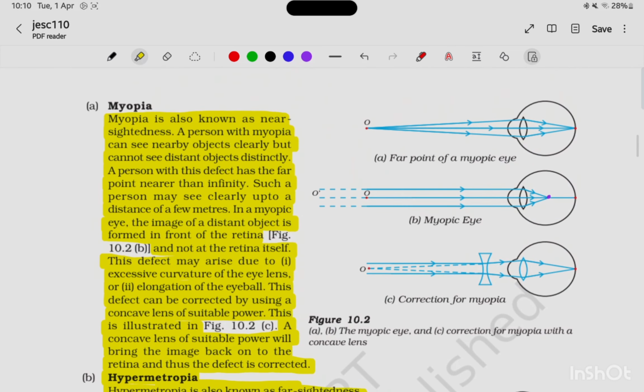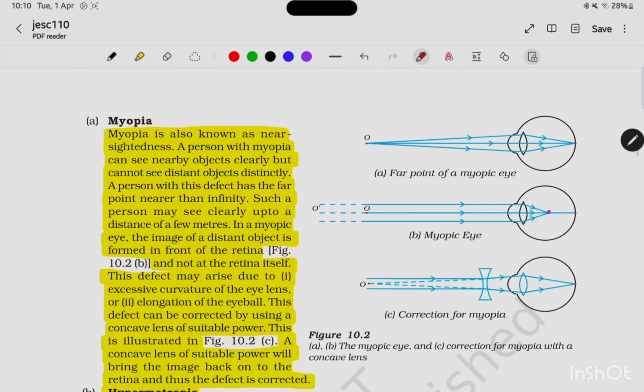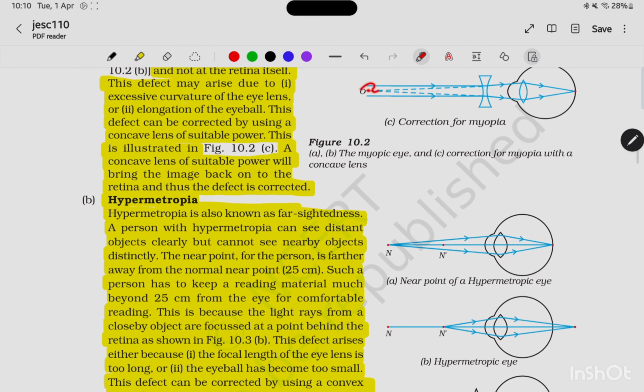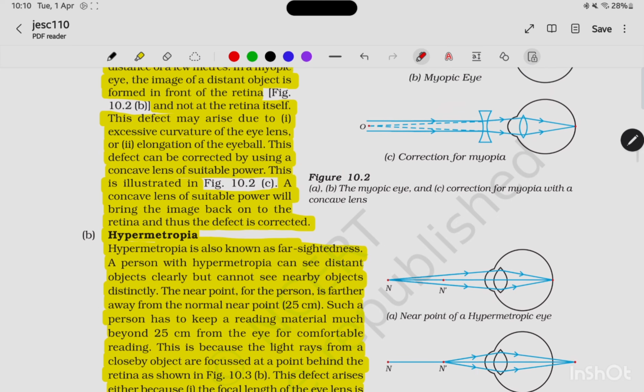Also, a few more things to note here is that if you trace back these, then you'll see that you get the far point. The image is formed at the far point of the, what, hypermetropic eye, not myopic eye.